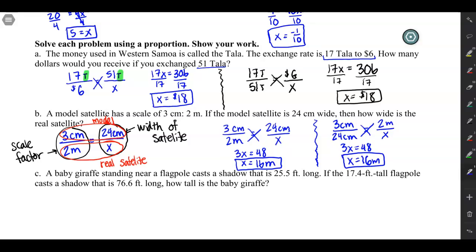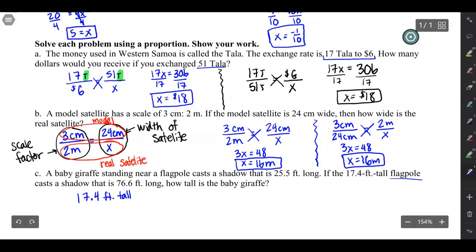Okay, so we have 2 different measurements here that we're looking at. We're looking at vertical height, and we're looking at shadow length. So let's think about creating a ratio that represents the flagpole. Let's say it's 17.4 feet tall.